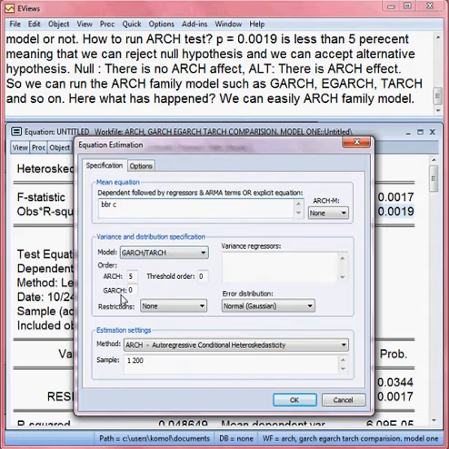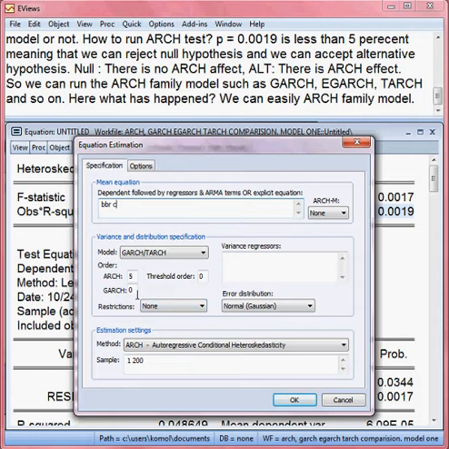So that we shall be doing now. From this mean model, we shall take the residual, and that residual we shall put in the variance model, right? Meaning that here, this part, okay?